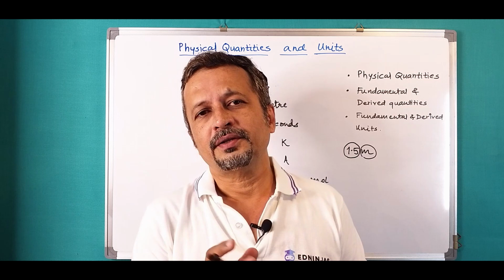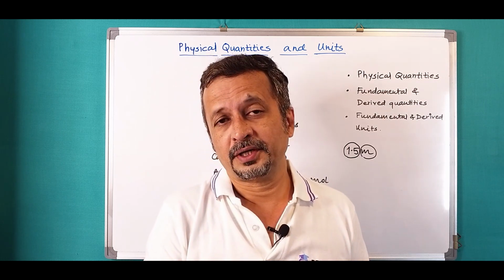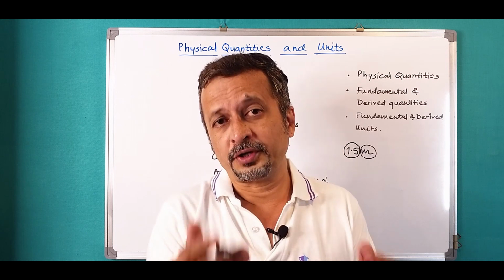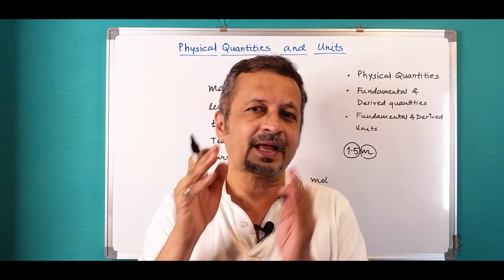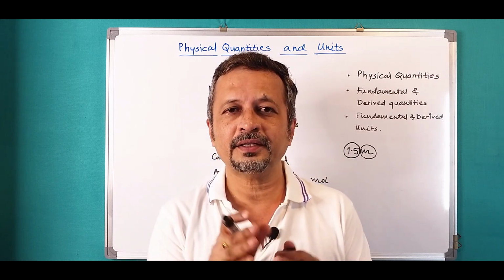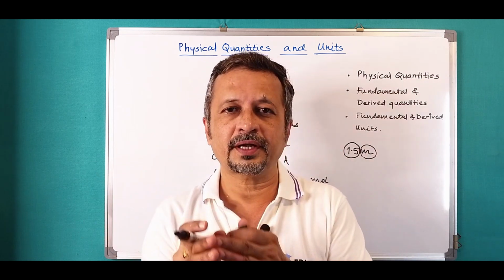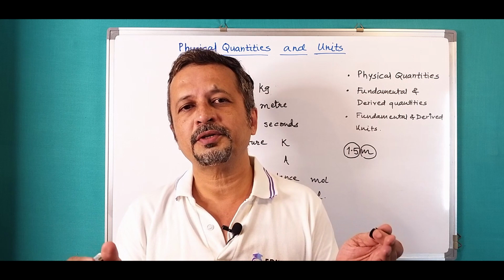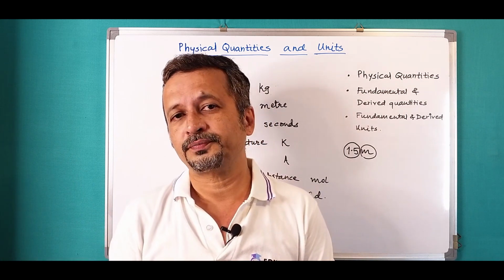That means the length of the rod under consideration is 1.5 times some standard length. That standard length is 1 meter. And then we compare other lengths with that standard, correct? So 30 meter means 30 times the length of that standard rod, correct?